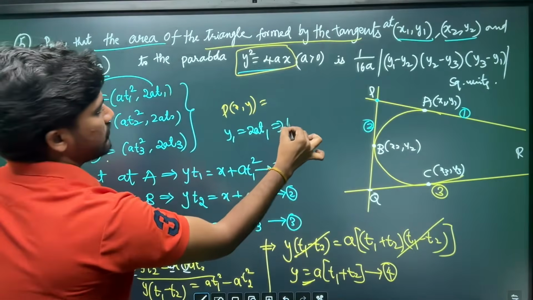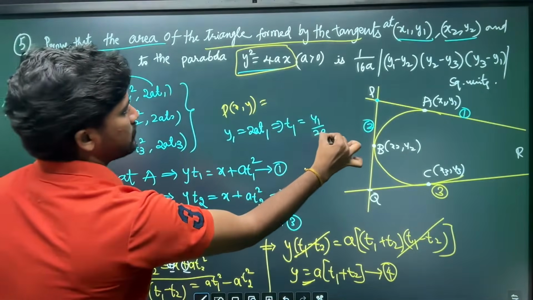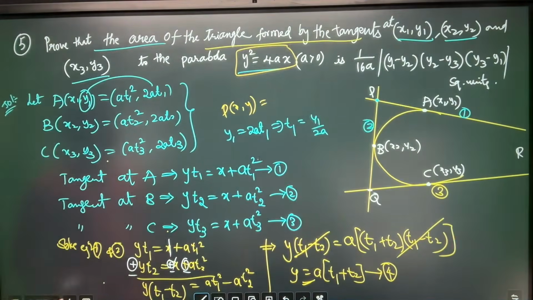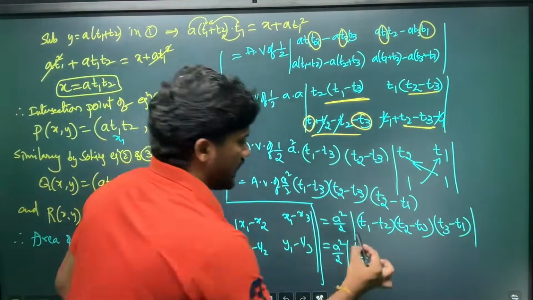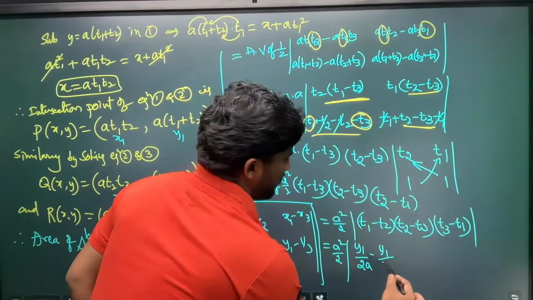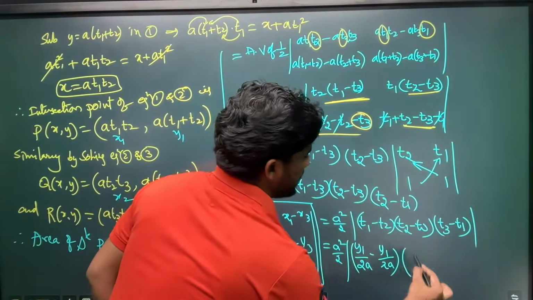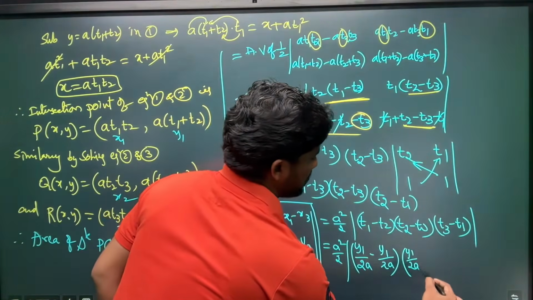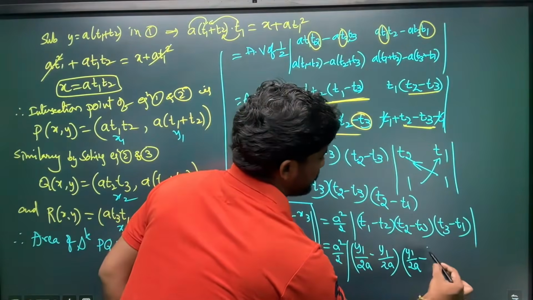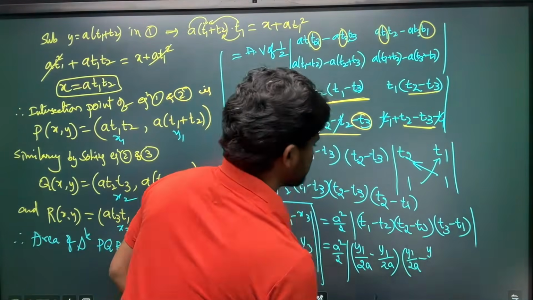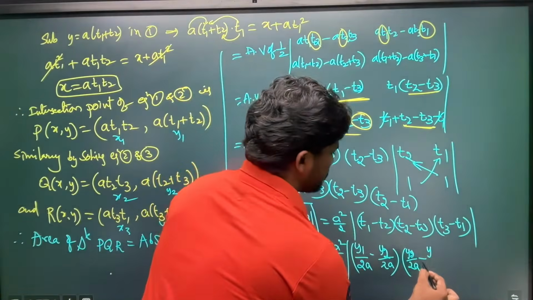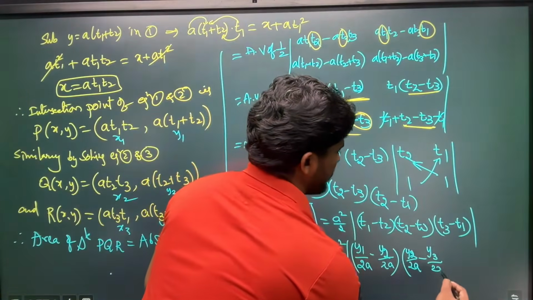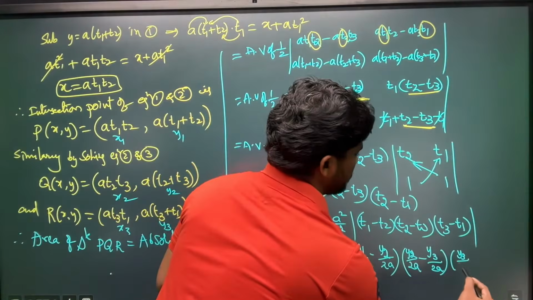So from this value t1 is equal to y1 by 2a. Similarly we have to substitute all the values. So t1 is equal to y1 by 2a, and t2 is equal to y2 by 2a, next t3 is y3 by 2a.